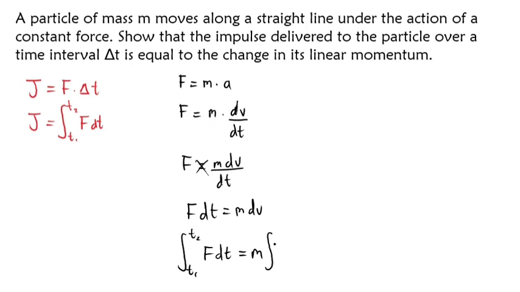So we have m times the integral from v1 to v2, and the only thing remaining is dv.